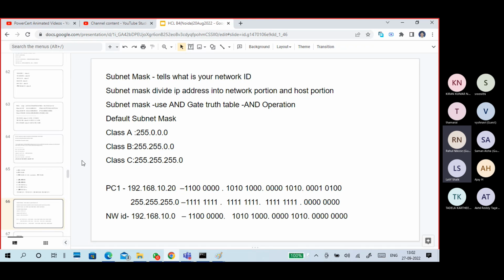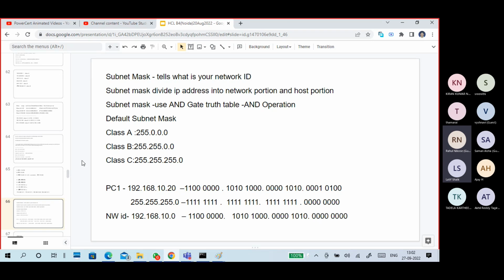So for a PC, for example, one PC has the IP address 192.168.10.20. We have to convert it into binary format, and the subnet mask for this IP address is class C, right? So 255.255.255.0.